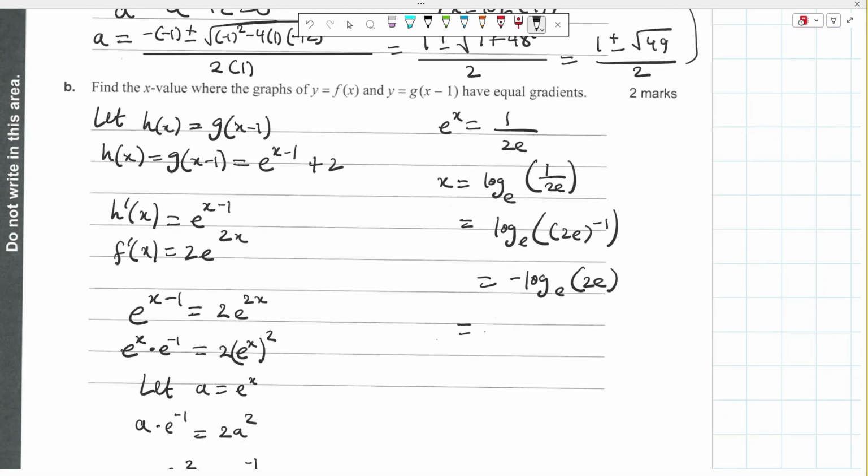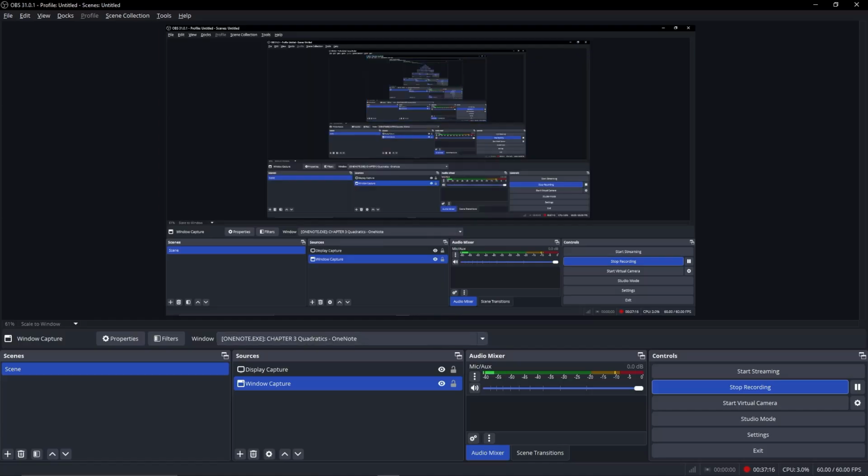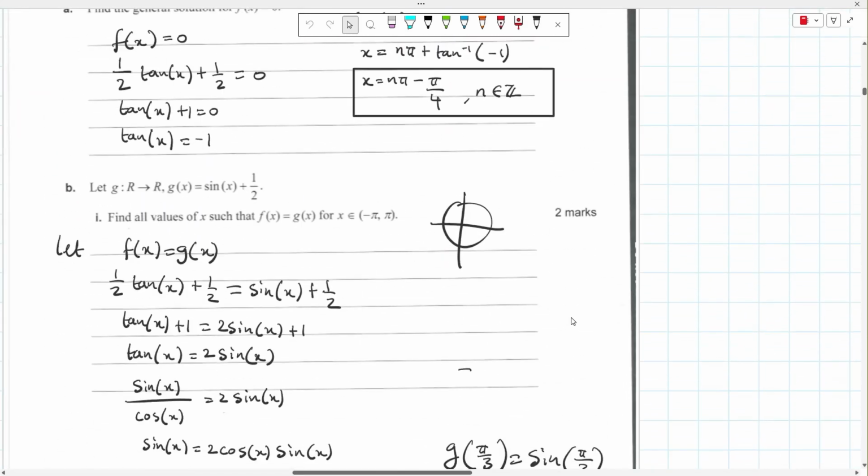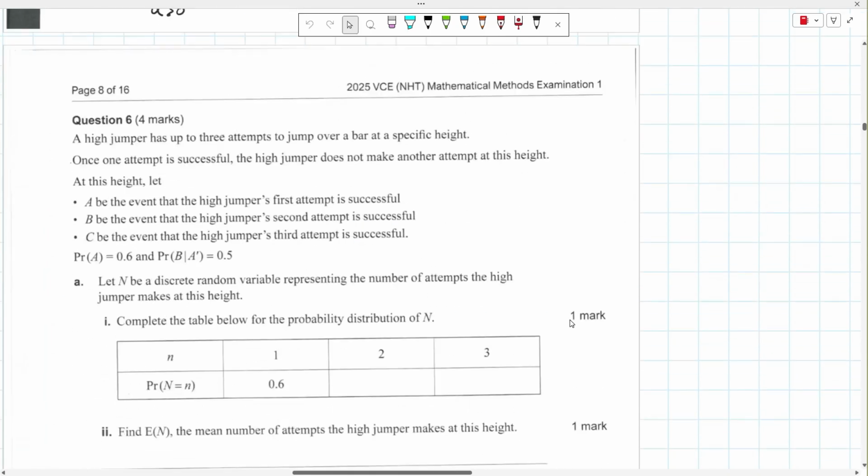Right, now log base e of 2e is just the same as log base e of 2 plus log base e of e. Now, log base e of e is just 1. Oops, I think the thing just shut off for some reason, right? Not sure why. Let's go back.